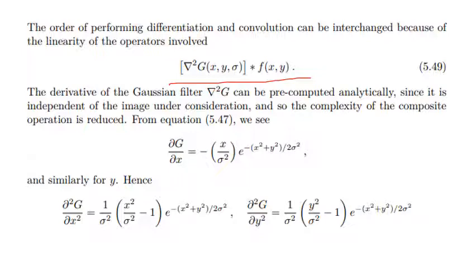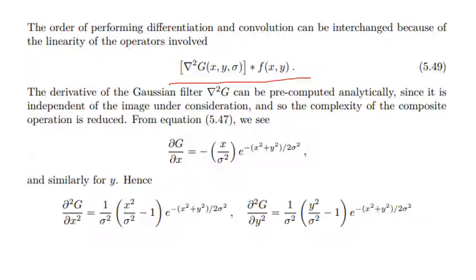To go for more simplicity, we can use r square, where r square is equal to x square plus y square. If r measures the distance from the origin, then we can say the Gaussian is circularly symmetric.